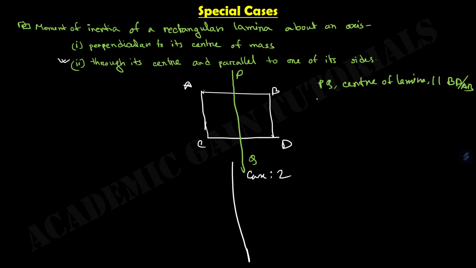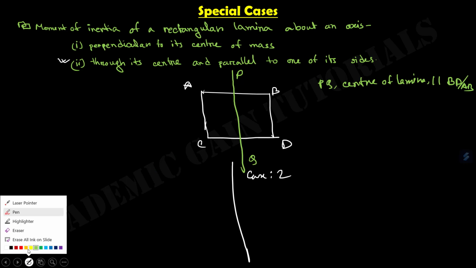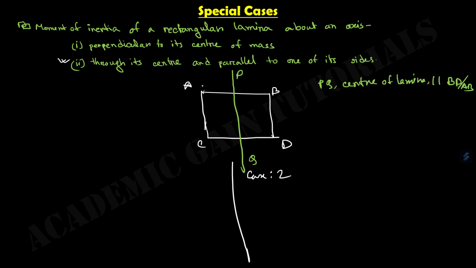So we have to find out the moment of inertia of this plate when we consider the parallel axis. Here M equals the mass of the lamina, and L equals the length AB or CD.